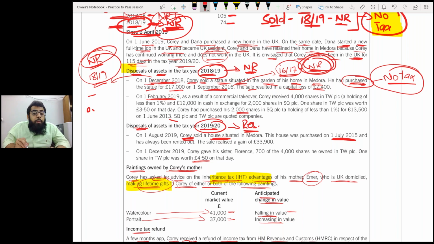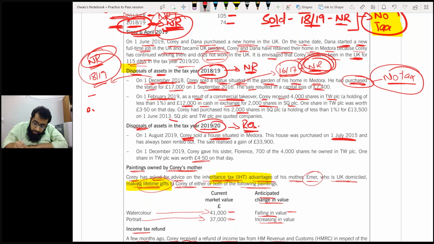On 1st February 2017, as a result of a commercial takeover, Corey received 4,000 shares in TW PLC and 12,000 pounds cash in exchange for 2,000 shares in SQ PLC.